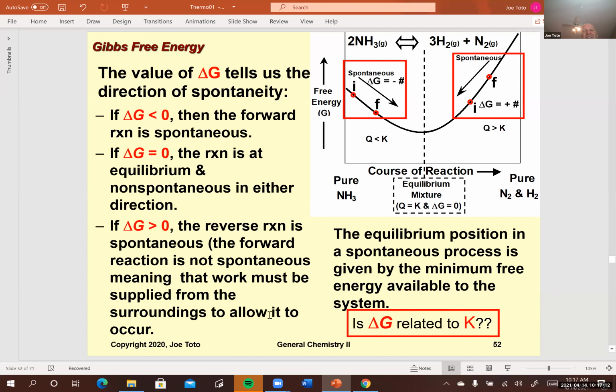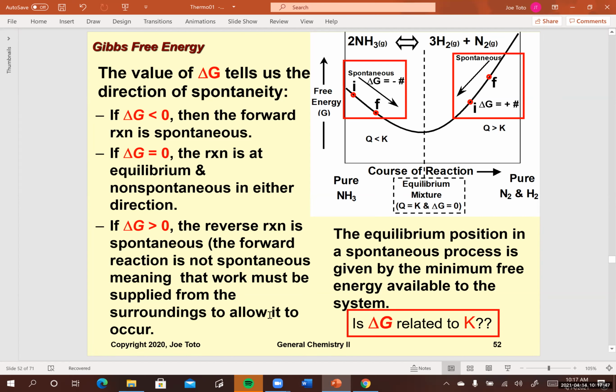Now we want to take a look at this equation again, this delta G equation, the Gibbs-Helmholtz equation, which is applied to chemical reactions specifically and tells us which way the reaction is predicted to be spontaneous. I'm just going to see if you guys got this yet. What does the sign of delta G have to be for you to predict that that process or that reaction is going to be spontaneous?